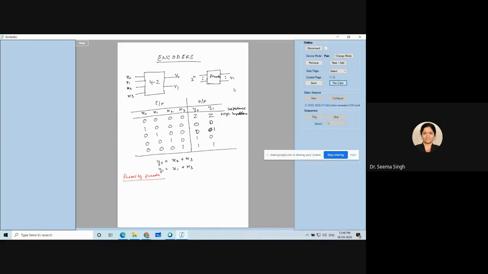If I write X3, X2, X1, X0, it is just the name. I want to show you the priority encoder with respect to MSB. The first case will remain the same, 0, 0, 0, which means it will be the high impedance state.